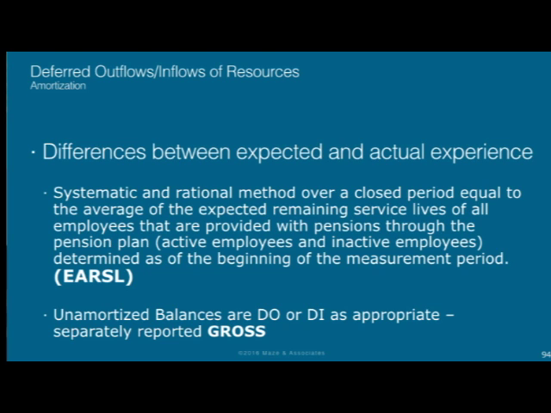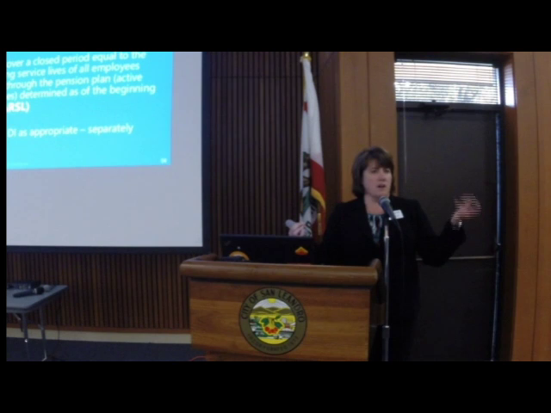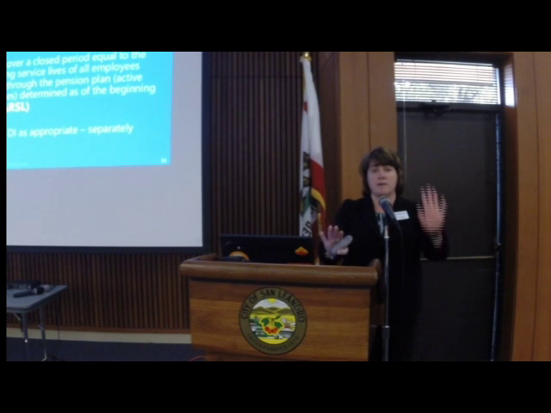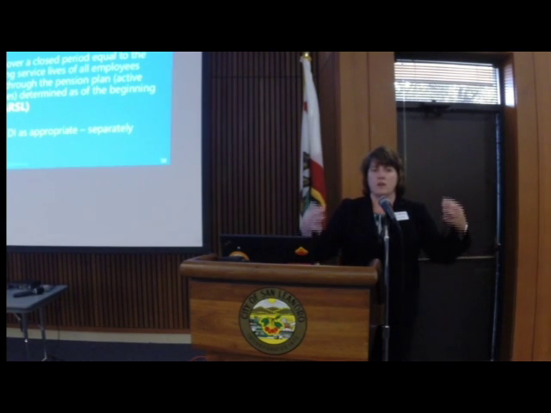It's the average remaining service life for the plan as a whole. So even though you have miscellaneous and safety, it's all part of PERF C, as they call it, Public Employee Retirement Fund C. That's why, if you were to have 2 accounting valuations side by side, one for safety and one for miscellaneous, the cost sharing EARSL is the same. It's because they are together one pool. Miscellaneous and safety are really just 2 rate plans within one pool.